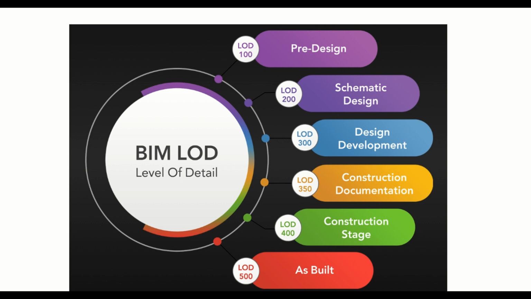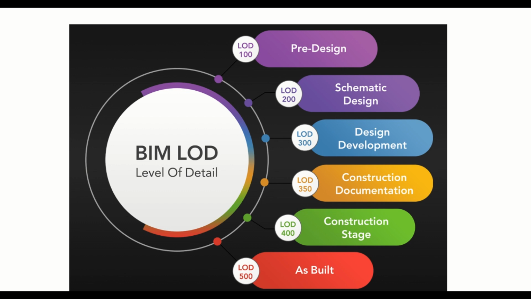Those different stakeholders draw that this particular shaft is needed for me and this particular area is needed for my mechanical equipment, and they submit to the client, and when the client approves, that's LOD 100.